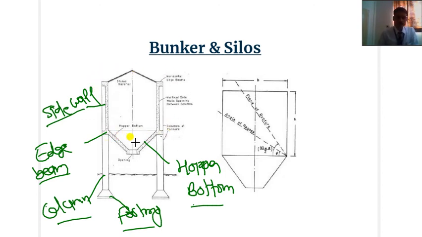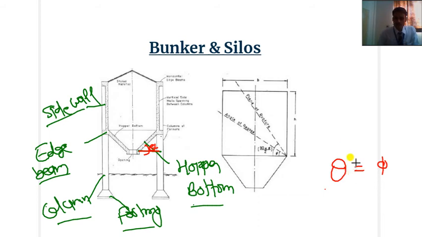And here if we talk about the storage bin hopper bottom, the hopper bottom also makes an angle with the horizontal, that is the theta angle, and the value of theta should be more as compared to the value of phi.